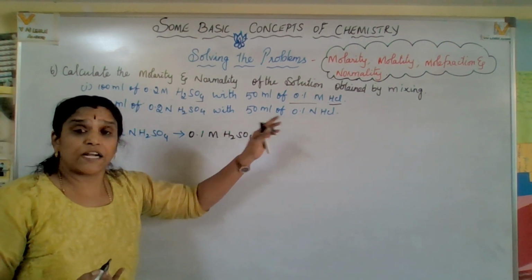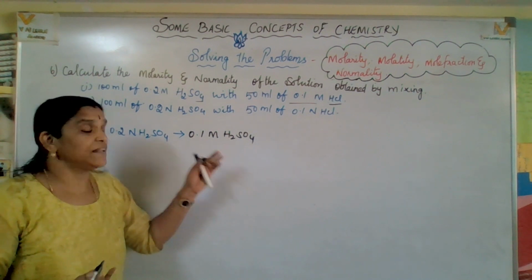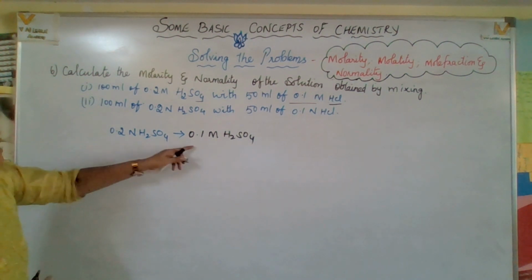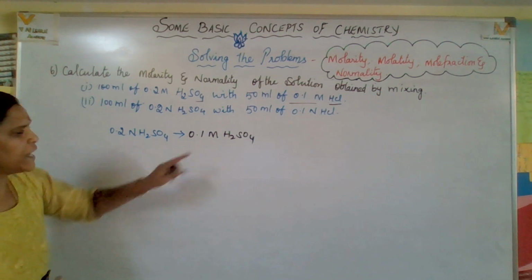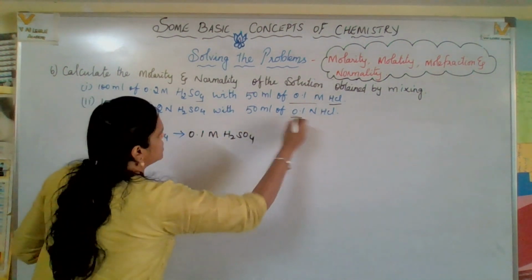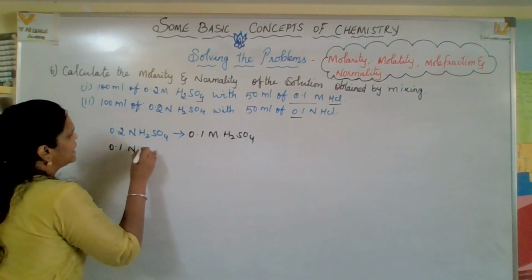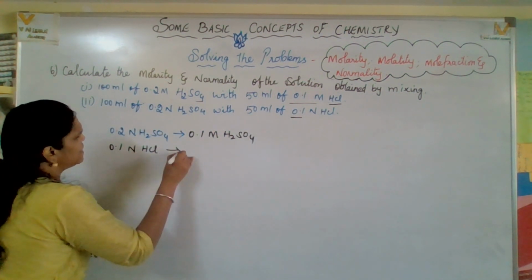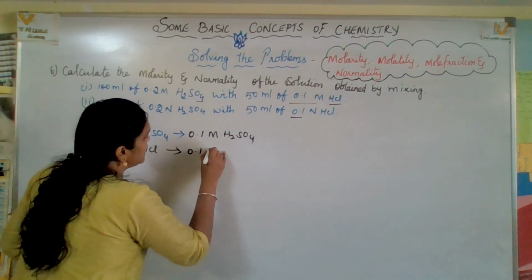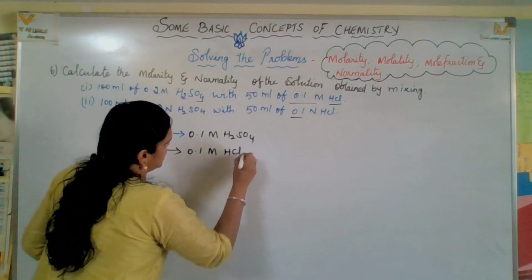So 0.2 into 2, that is 0.4. We got it, right? Same here, 0.2 N H2SO4. Naturally, you will get 0.1 M H2SO4. The same way, 0.1 N HCl. The HCl valency factor is 1 only. So 0.1 M HCl.